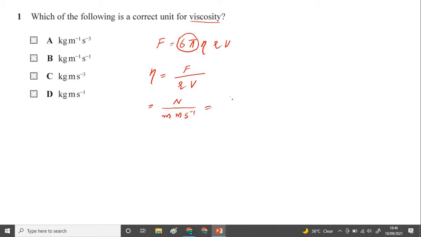Newton is kg meter s minus 2, divided by meter and meter s minus 1. One meter cancels, and the final simplification is kg meter minus 1 s minus 1, since s minus 2 over s minus 1 leaves s minus 1. So the option is B.